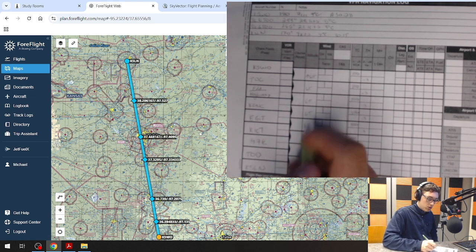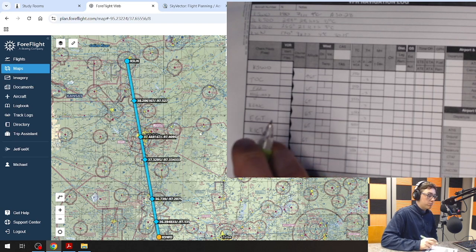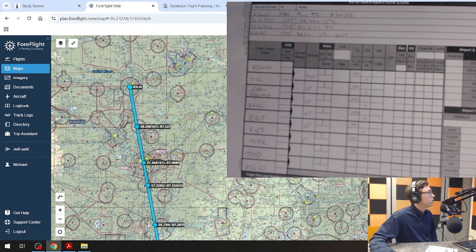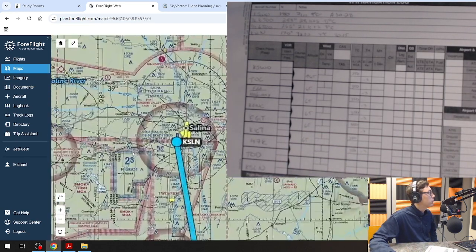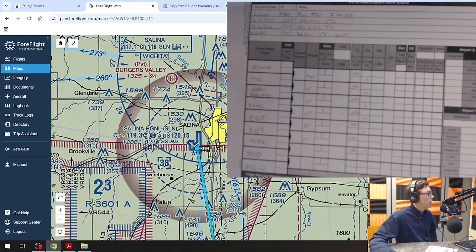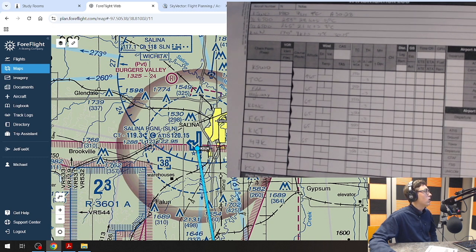I got my weather, writing all this down. Now, here is something that we want to look at. We want to look at pattern altitude. Why? Well, when I'm descending into Salina, I want time, fuel, and distance that it's going to take me to get into the pattern altitude, and so on and so forth. So I see that field elevation is about 1,300 feet, 1,288 feet. I'm going to round that to 1,300 feet.